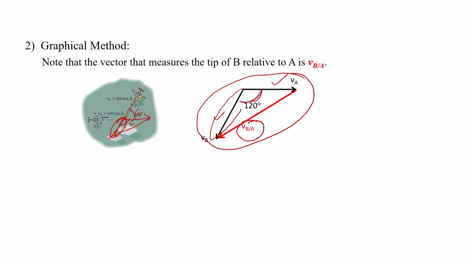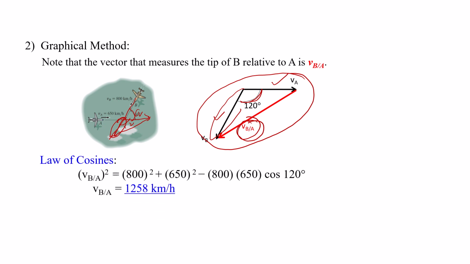So if you use the cosine law, c square is a square plus b square minus 2ab cosine of whatever the angle is.